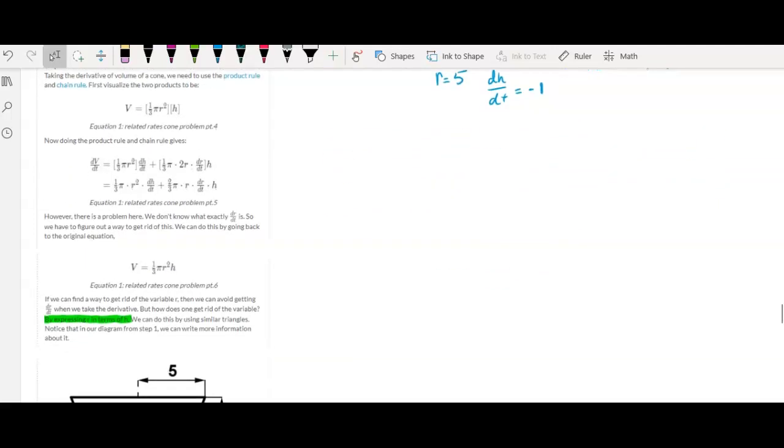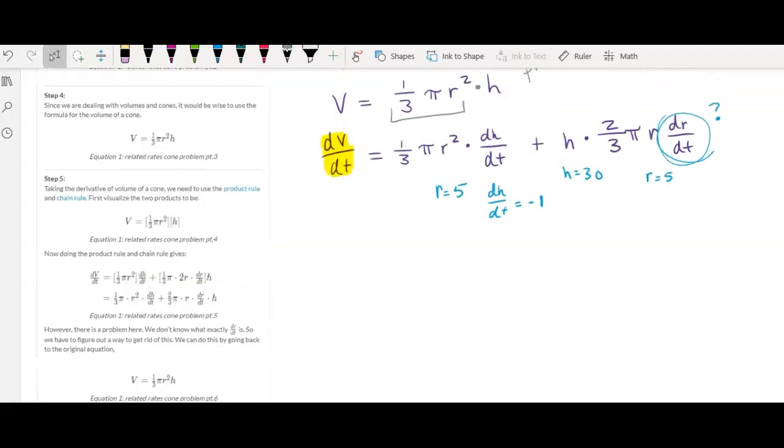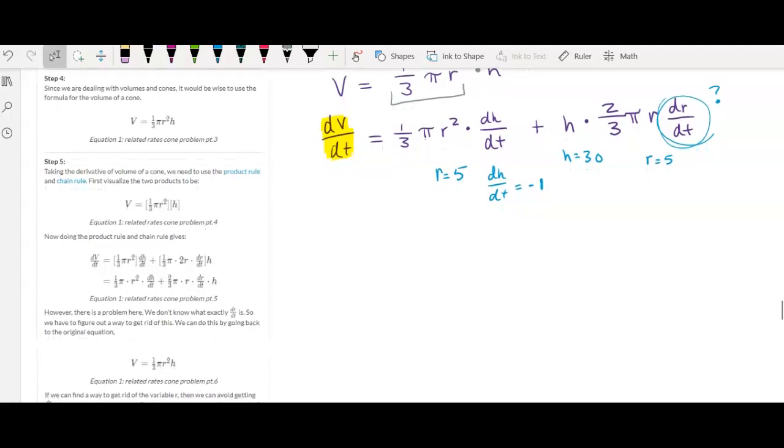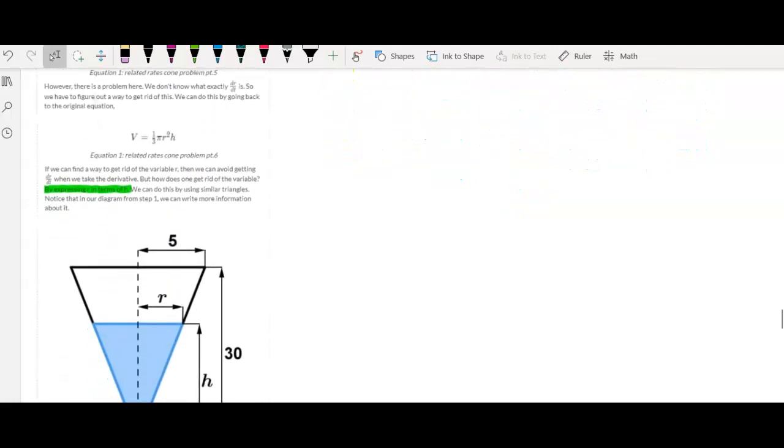Now what we need to do is express r in terms of h, because we have too many variables still. Even after subbing that in, we still don't know dr/dt.